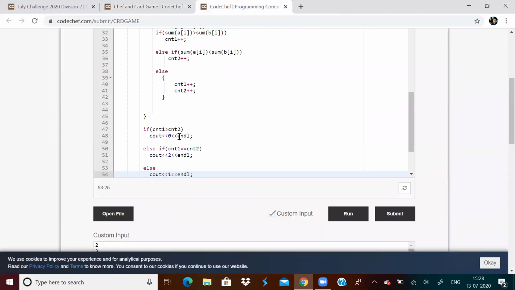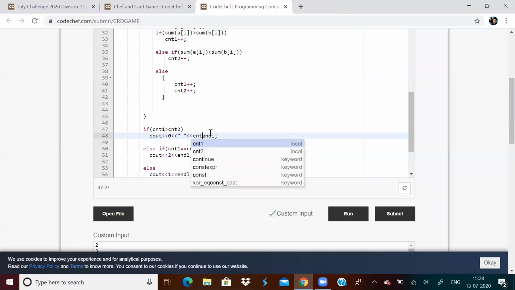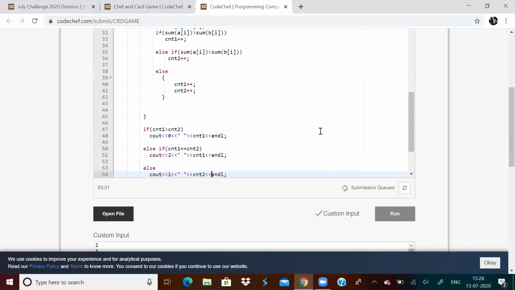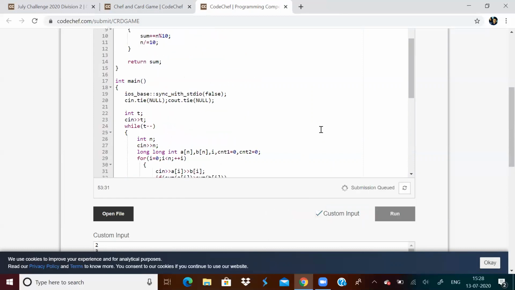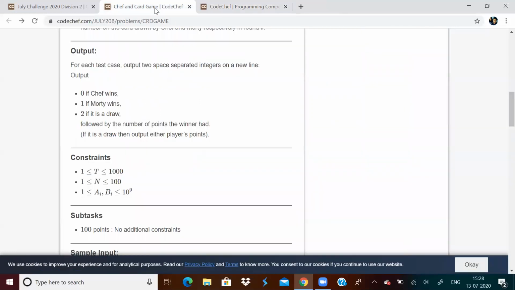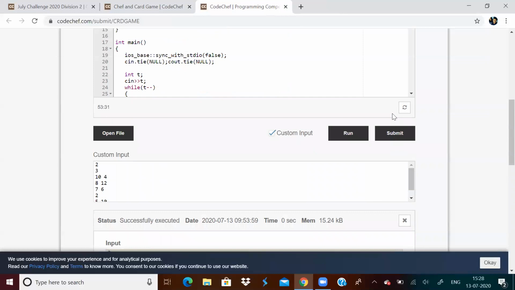So if chef won, I need to output count1. If it is a draw, I can output count1 or count2. And if Morty won, I need to output count2. So yeah.